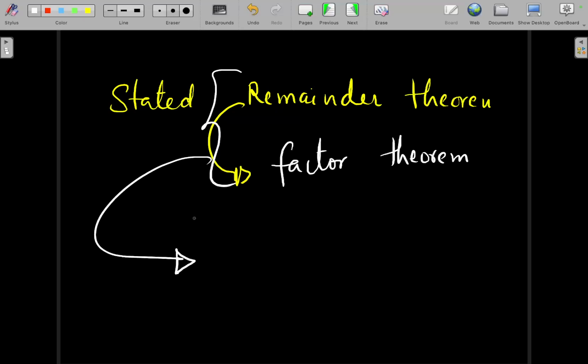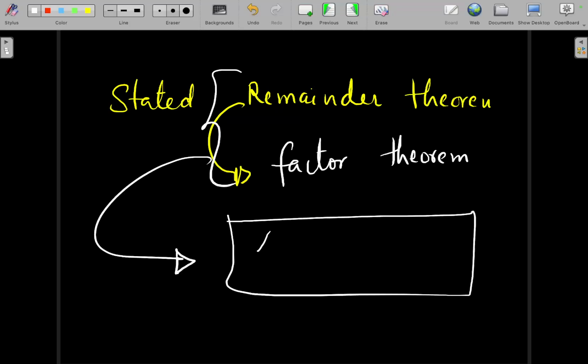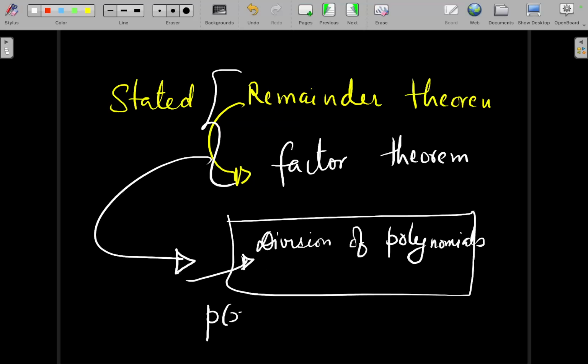But right now, I just want to end by reminding you that the only thing that was required was division of polynomials and the basic definition of the division of polynomials, which is that p of x is equal to quotient of x into divisor of x plus the remainder of x.